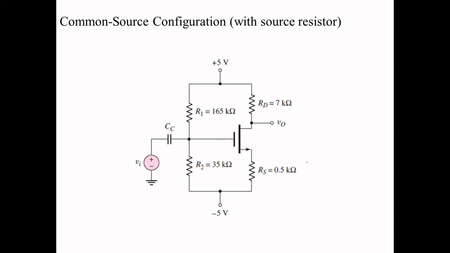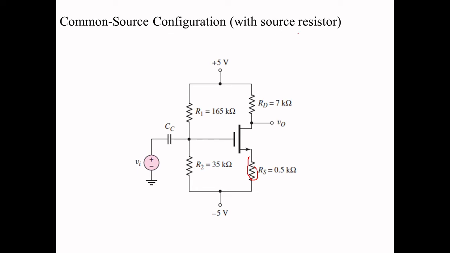Now with source resistor. This is a common source configuration, with the source resistor we are going to discuss. In the previous circuit you don't have RS. Here you have RS, that is the change in this circuit.